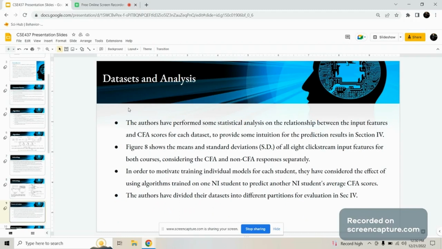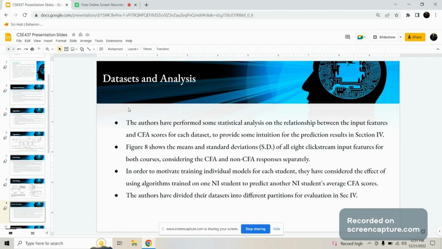Also, two different courses exhibit somewhat different means for CFA and non-CFA responses. The difficulty of a course affects students' learning behaviors, and thus the data might be different for different learning behaviors.